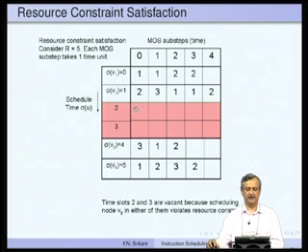The resource constraint satisfaction: at any slot that we want to schedule, we must make sure that the resources are available. So, as I showed you a few minutes ago, scheduling V 3 here will cause a problem. There will be a resource crunch. The same is true for this also.